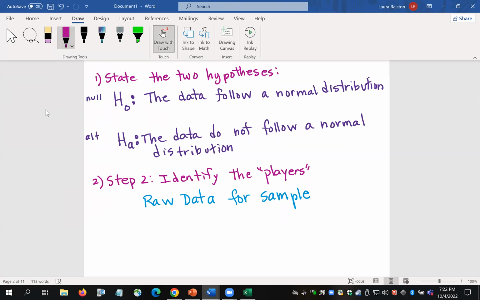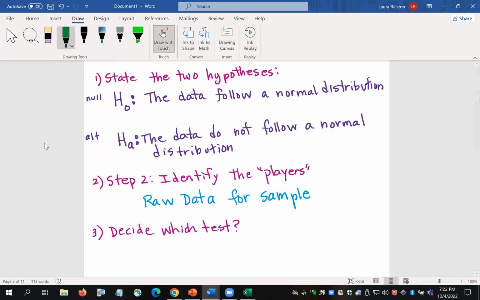Then step three, you decide which test. Well, my question is related to normality.